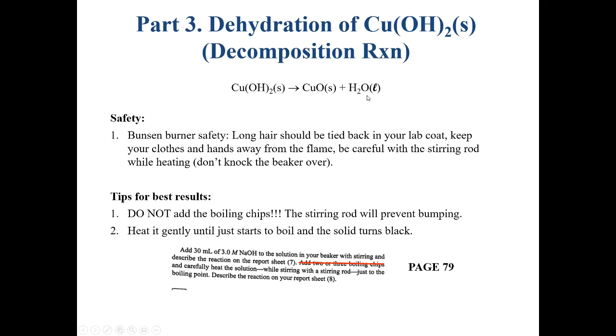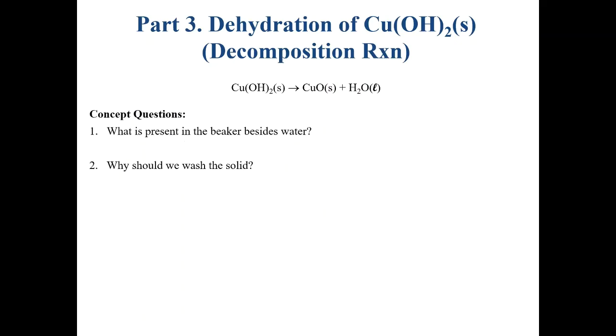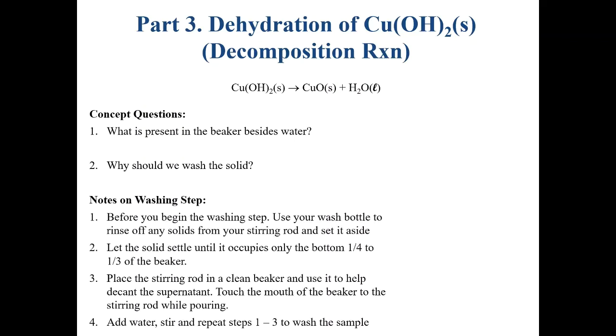So what we're left with is the copper oxide, water, and the sodium nitrate that comes from the beginning steps. So the reason why we have to wash this is to get rid of that excess sodium nitrate that's present. That comes from the earlier steps. So that's why we're washing the solid.